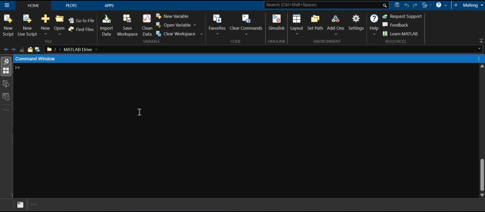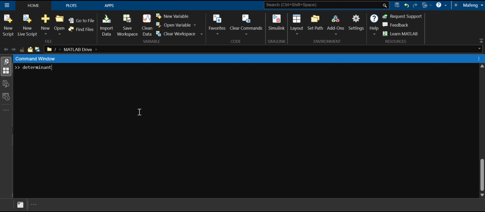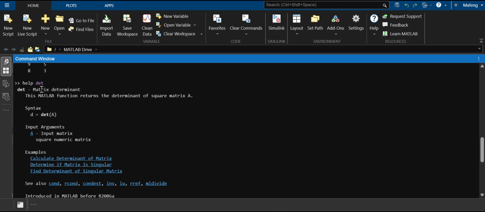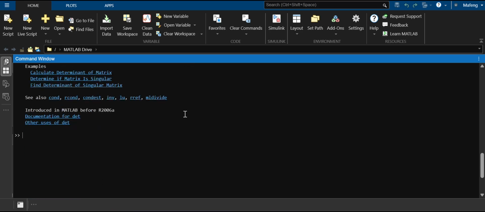Then we have the determinant. To find the determinant of a matrix, we use the DET function. The DET function returns the determinant of a square matrix A. So let's get a square matrix, and then get the determinant of this matrix.